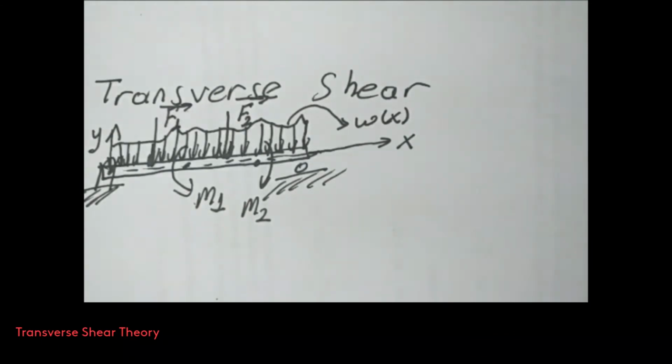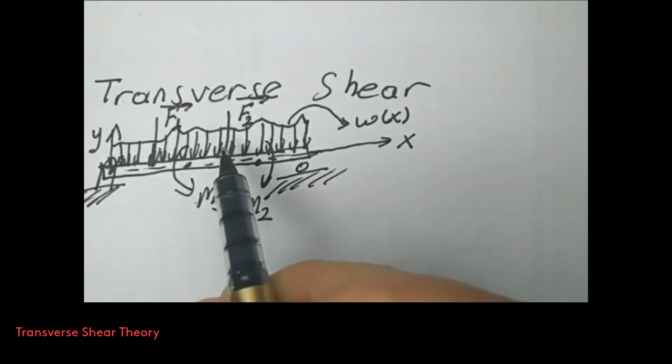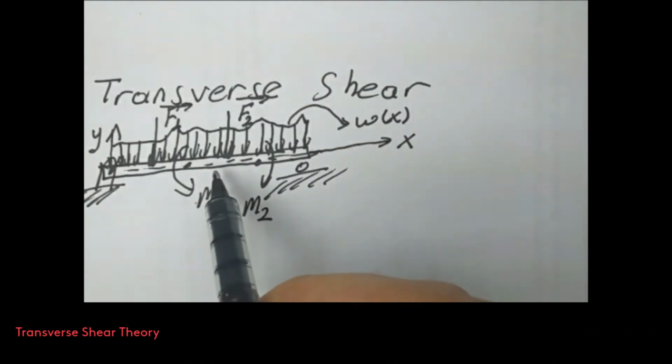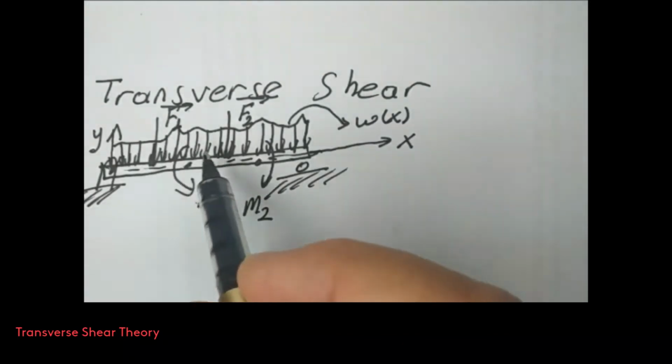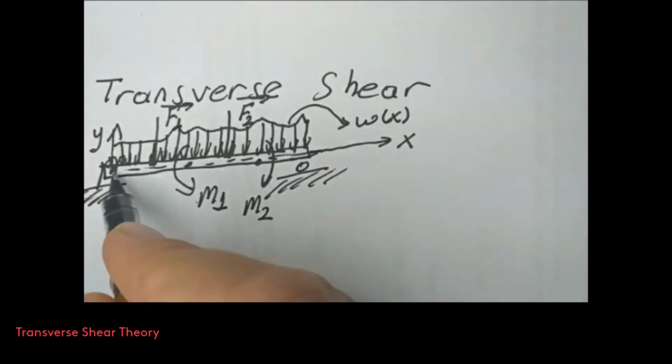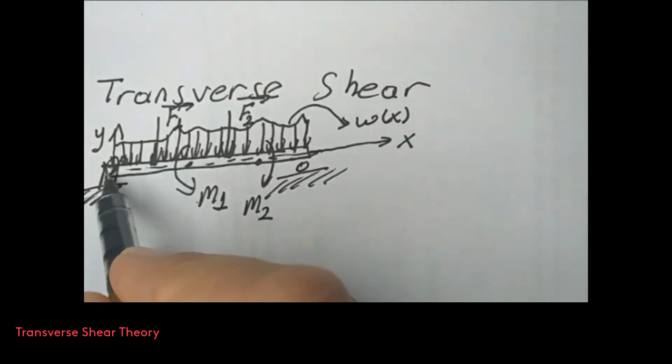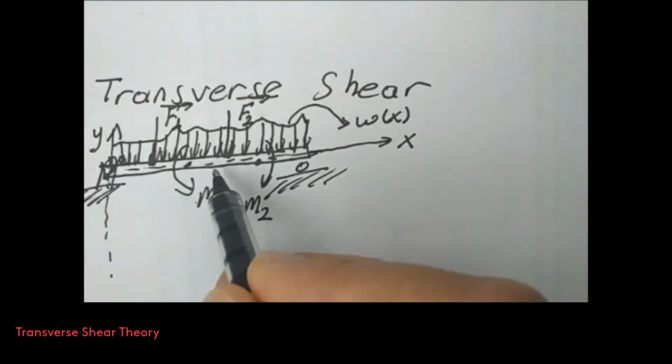We know how it is bent, but this perpendicular force will try to cause a failure in this structure, and we will see how we can calculate the stress distribution due to these forces. So these forces will try to shear the cross section, so it is basically a shear.